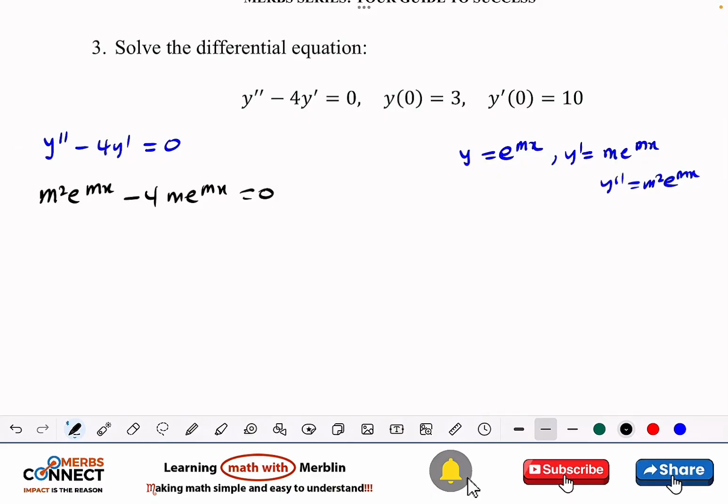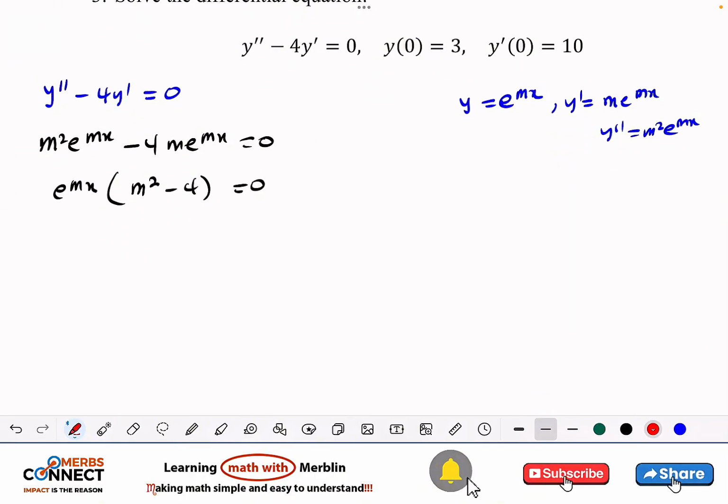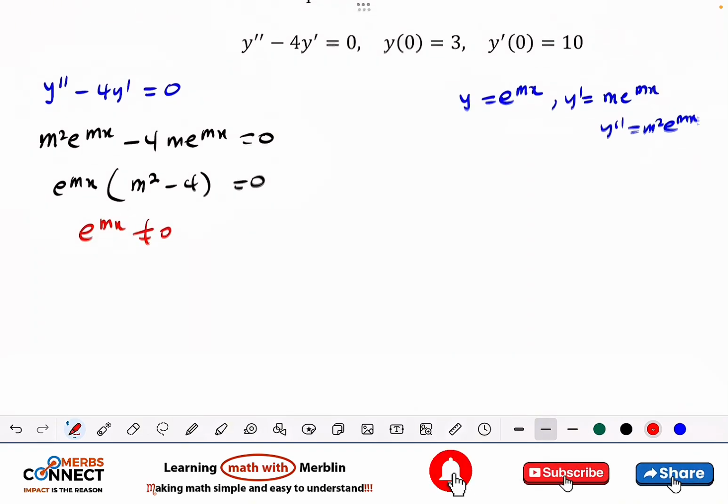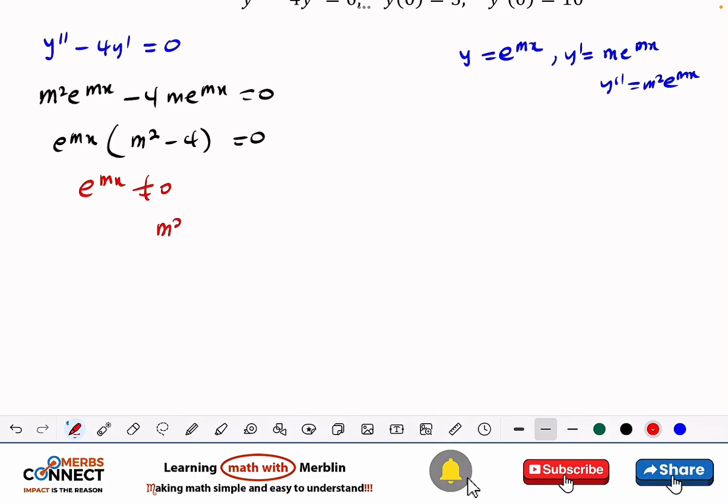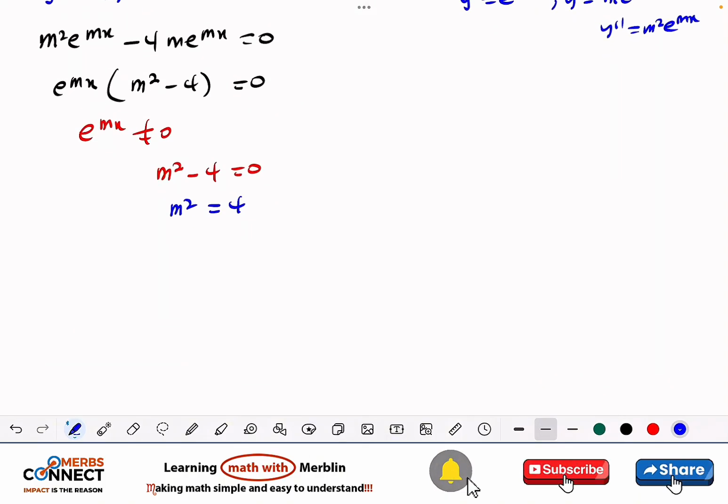So the same thing, you see that we need to factor this out, leaving m squared minus 4, which is equal to 0. We say that e to the power mx is never 0, which means that m squared minus 4 should be equal to 0. So m squared is equal to 4. Take the square root on both sides, and this gives us plus or minus 2.